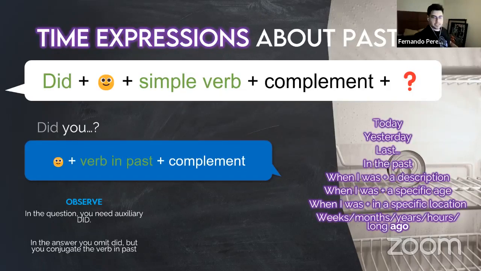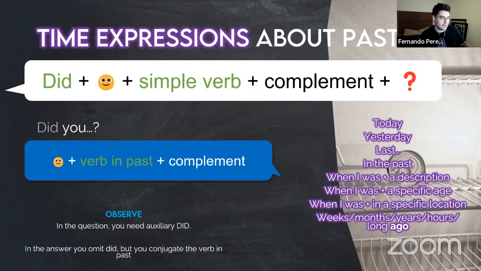Let's say that it's positive. Yes, I went to the park yesterday. No, I didn't go to the park. Actually, let me give you this negative once and for all.